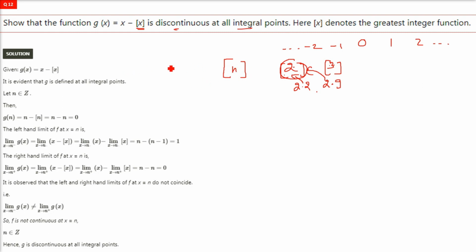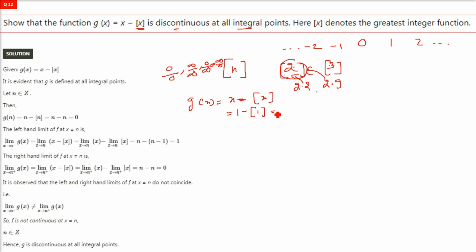You got the idea? So here we have g(x) equals x minus GIF of x, and this greatest integer function I explained to you. First of all, this function is defined at these integral points, because you're not getting any 0 by 0, infinite by infinite, 0 by infinite, or infinite by 0, any kind of such operation.